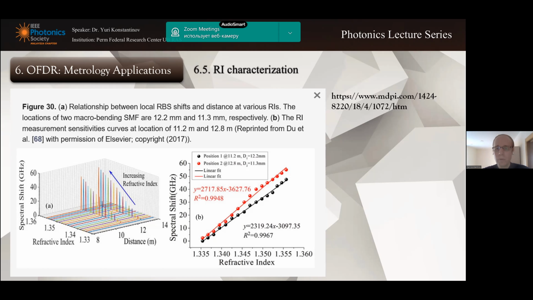This is very important for those who produce integrated optic schemes, integrated optic modulators, and for those who produce special optical fibers and need to control the refractive index along the fiber.